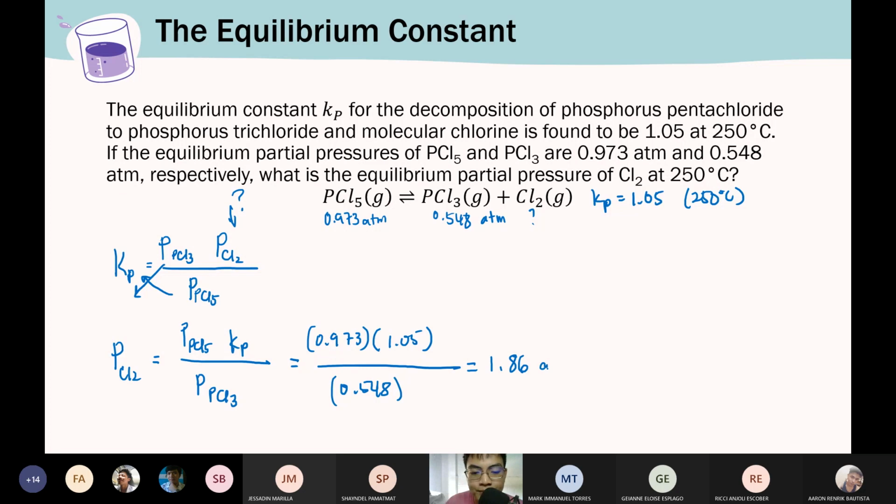So it's atm. So in your problem set, which I'll pose tomorrow, when you solve using Kp, there are really no units, but in your final answer the unit suddenly appears. That's the consensus of scientists: since it's difficult to cancel out units, they just remove them and say it's dimensionless. But at the end of the calculation, there must be a unit, especially if you're solving for concentration or pressure. That's how simple it is.